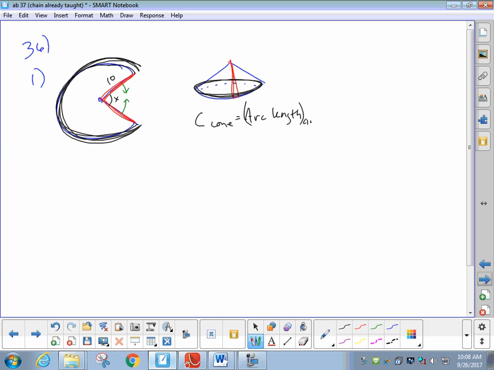Are you with me? So the arc length of a circle, I don't remember how you were taught this, but I don't remember formulas, but I do remember it's a fraction of the circumference of the circle. What fraction is it?